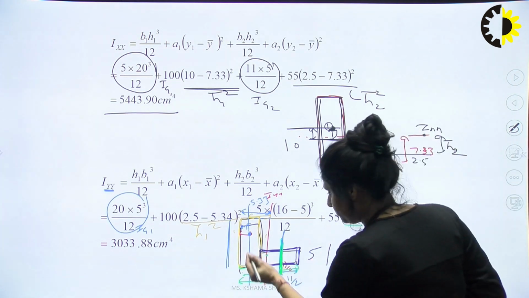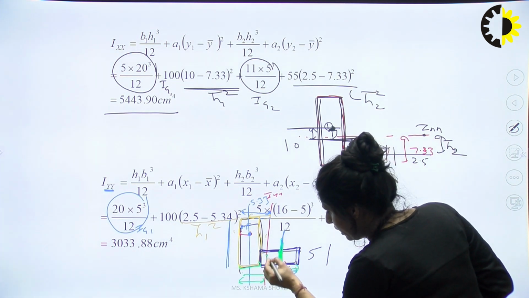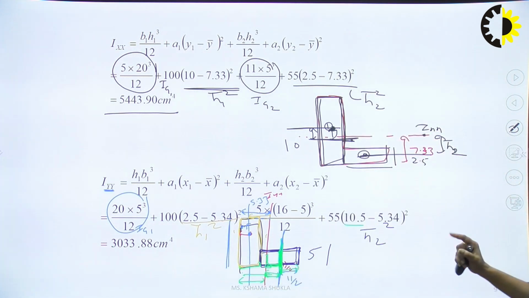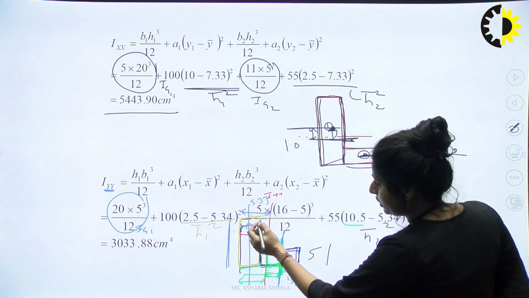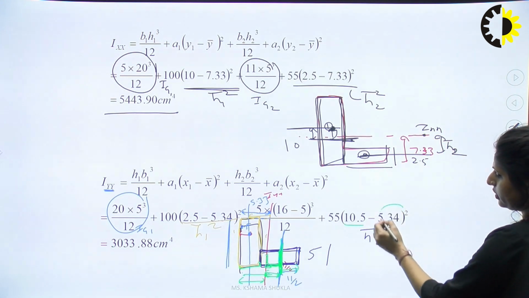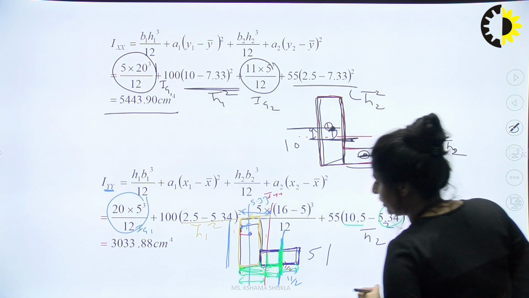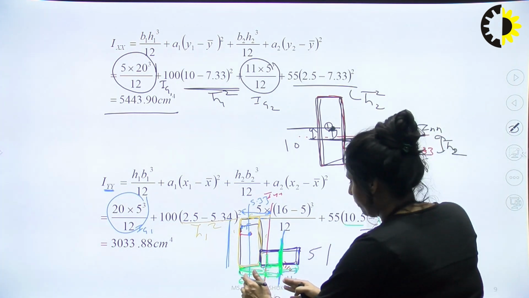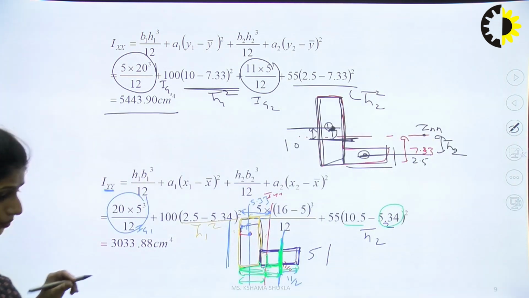The distance between the neutral axis of this and this, we need to find out. This value is 10.5 minus 5.33, the centroidal axis value. 10.5 is the total value, and now we minus it and find the value of H2.